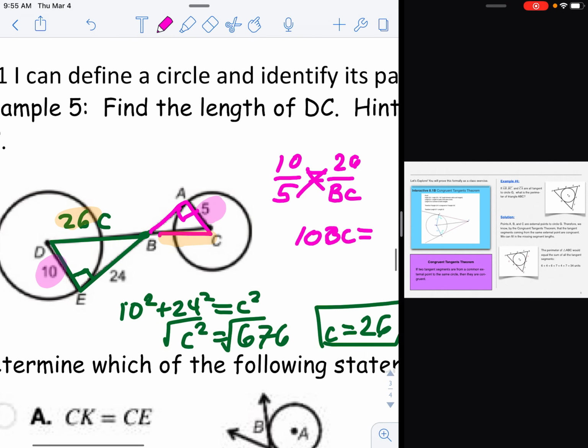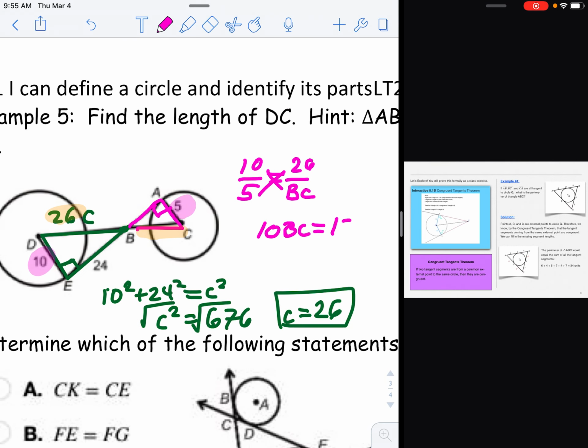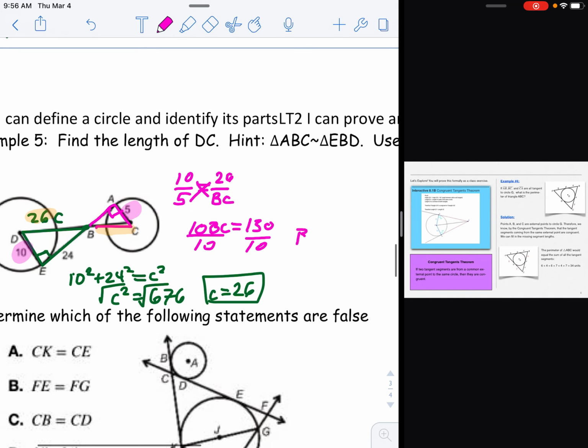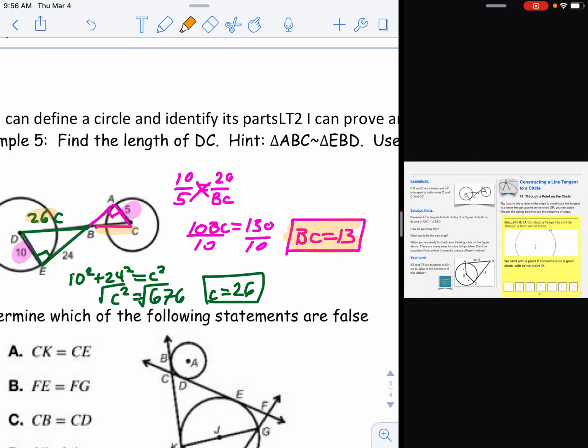Just looking at this, you might be able to tell what BC is going to equal, or we can just cross multiply and solve. And BC equals 13. All right, that's the answer right there. That's how you do it.